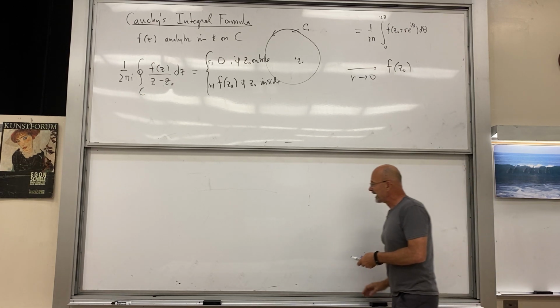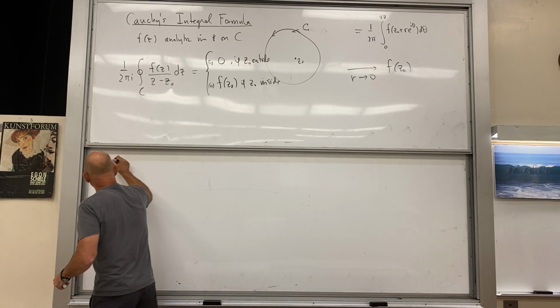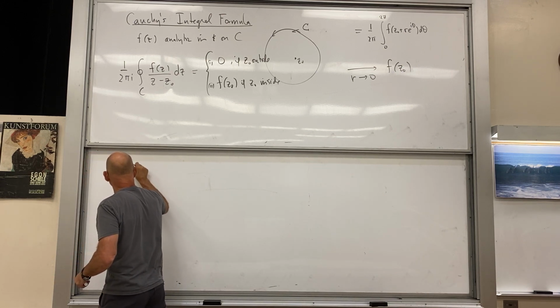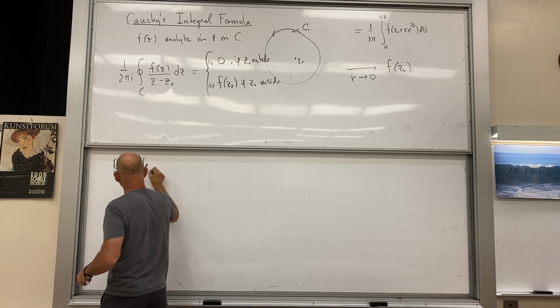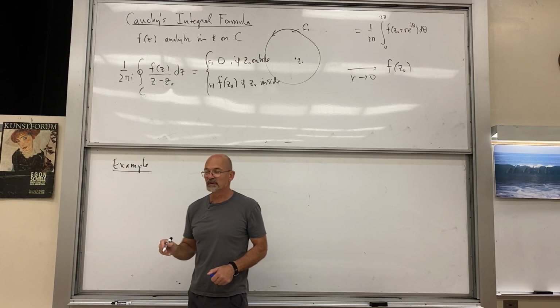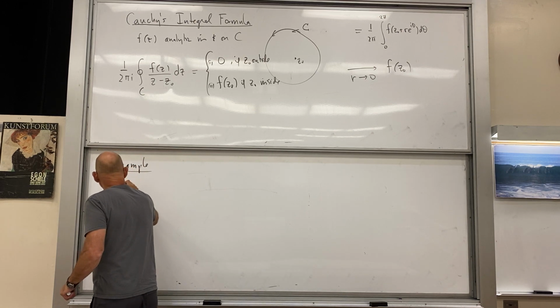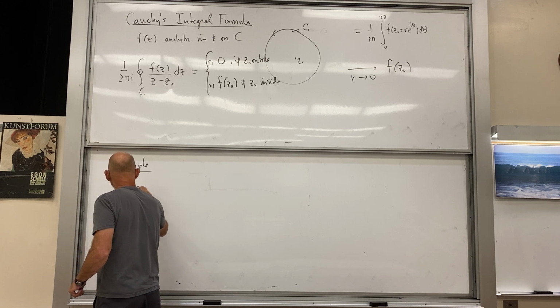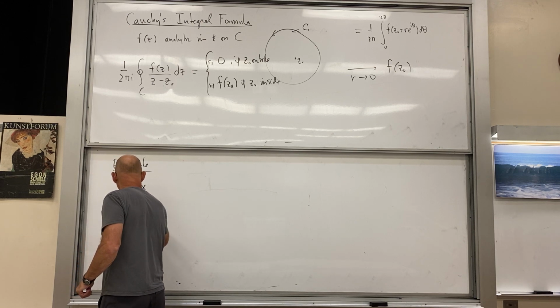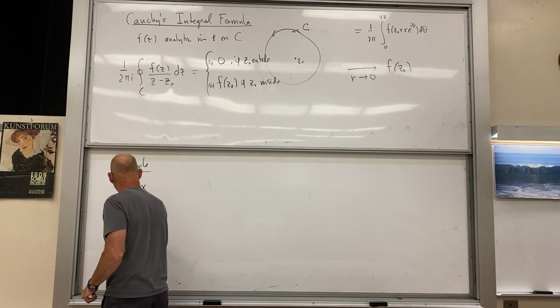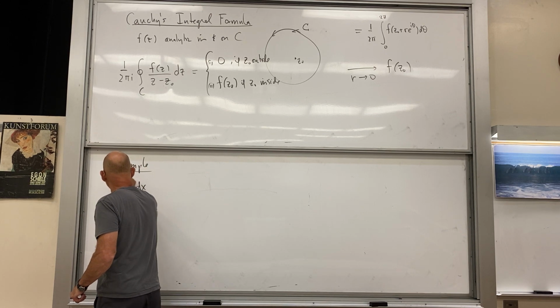Yeah, so the example, the integral we want to evaluate, this is one you've seen before, certainly. Integral dx over 1 plus x squared from minus infinity to plus infinity.